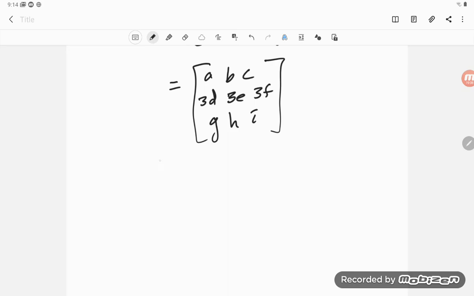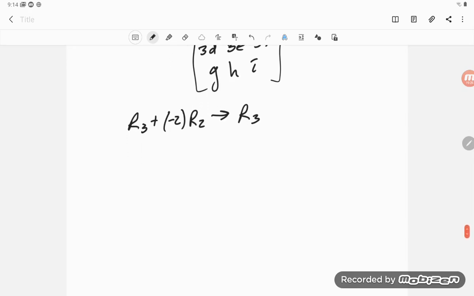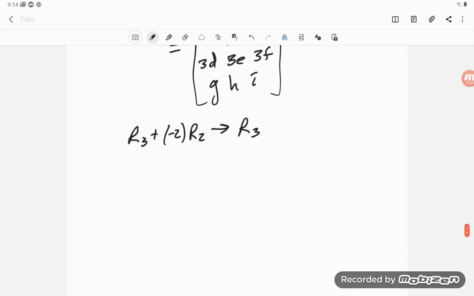Well, actually, let's do row 3 plus negative 2 times row 2 and put that back into row 3. Okay, just to see what that matrix looks like.